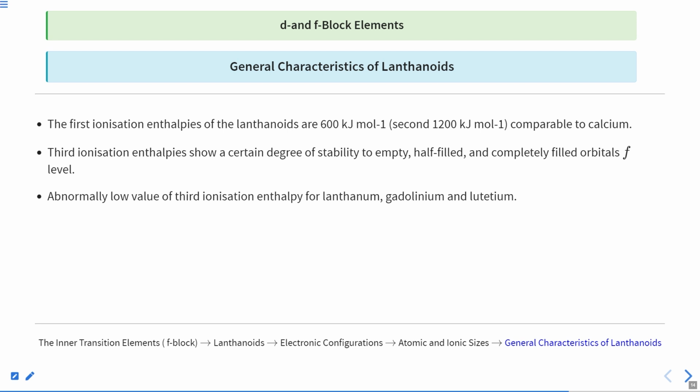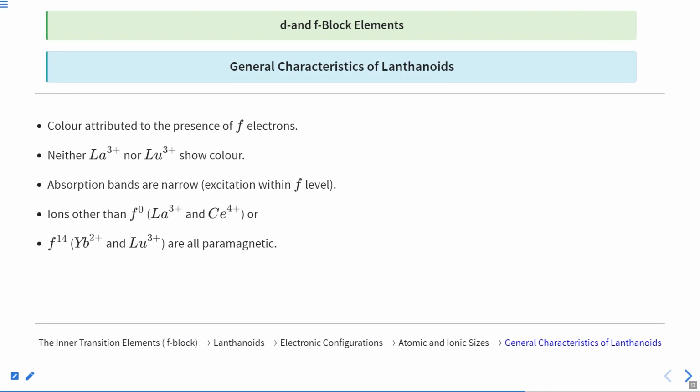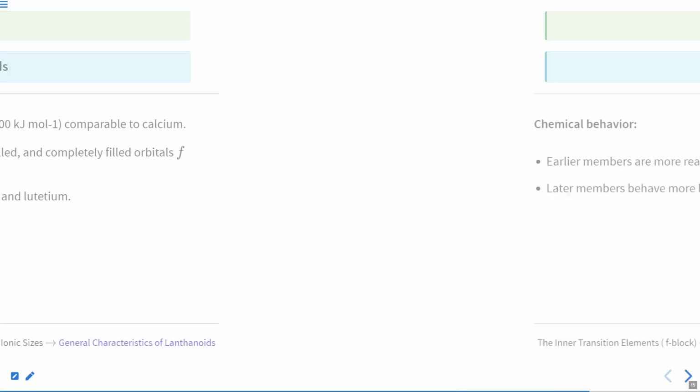Why do these three elements show a low value? Because they are moving to a half-filled or a fully filled orbital state. Clear? You can infer it from here also: lutetium 3 plus is f14 and lanthanum 3 plus is f0.